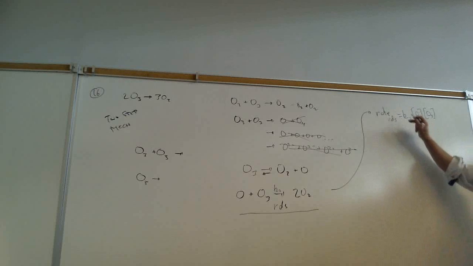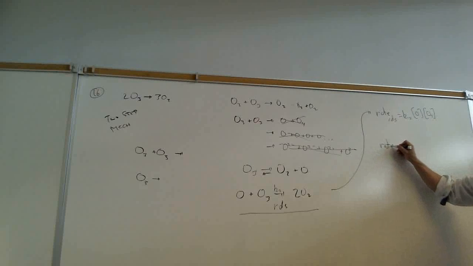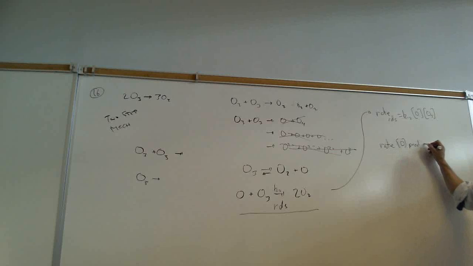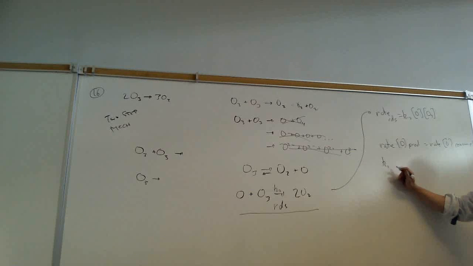Yeah. Then, if we do the steady state, then the rate of O production is equal to the rate of O consumption. So how's O being produced? Just from K1, it looks like. K1 times ozone.